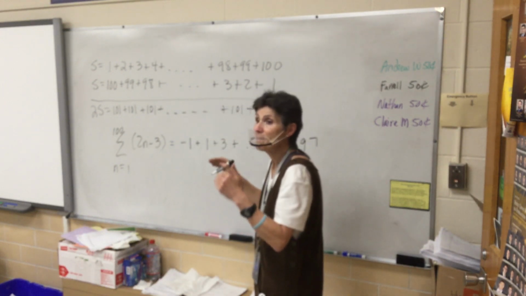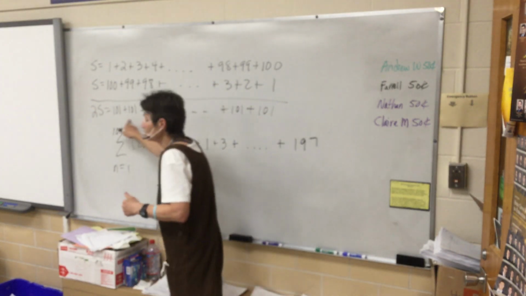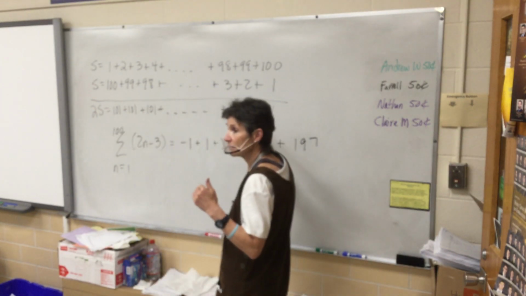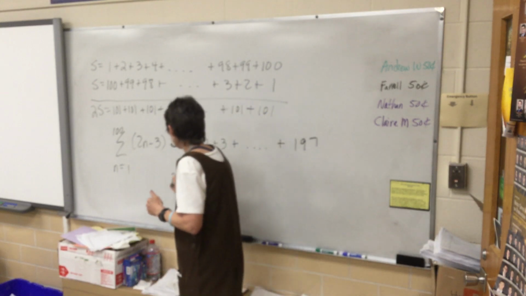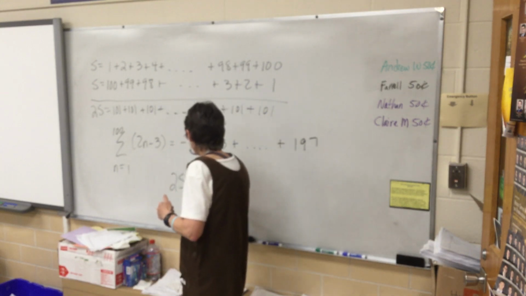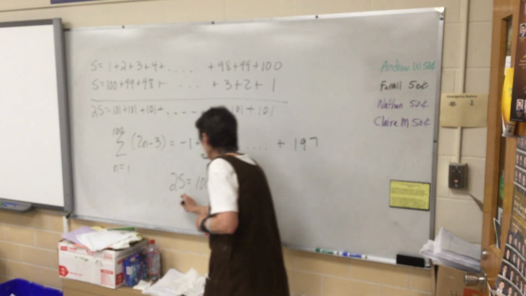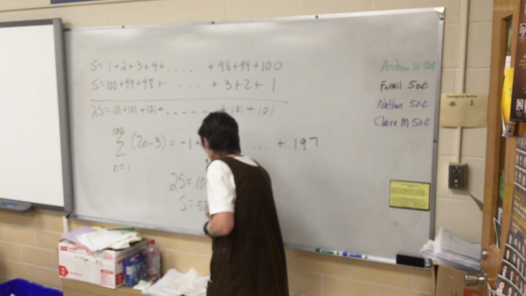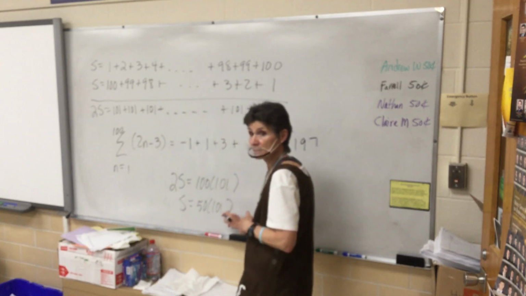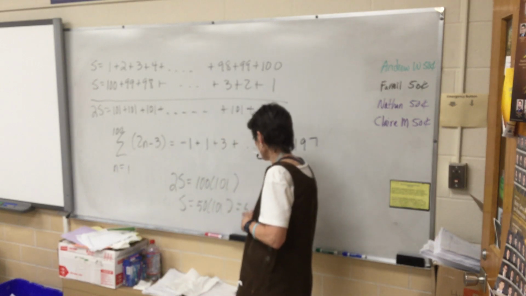So how many of these 101s are there in this line? 100. So two sums equals 100 101s. So one sum would be 50 101s. And there's your answer.